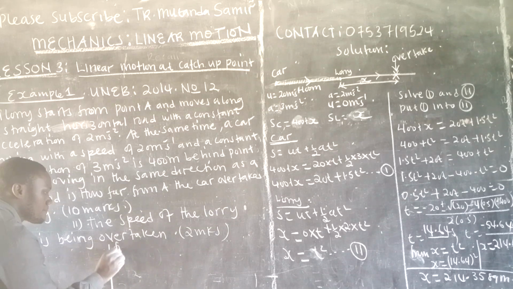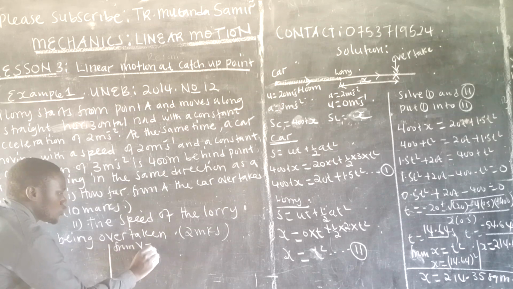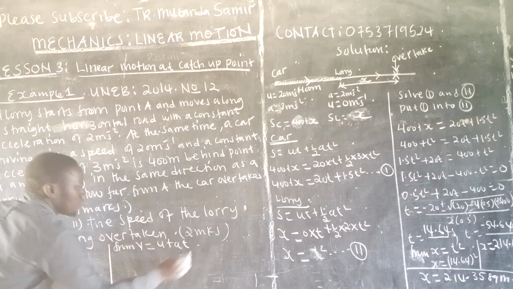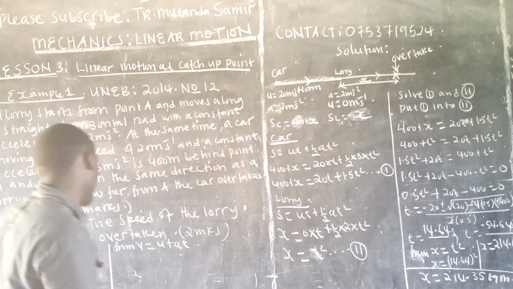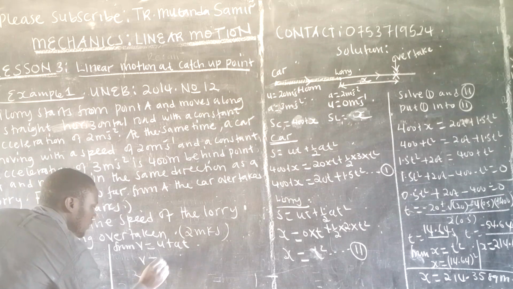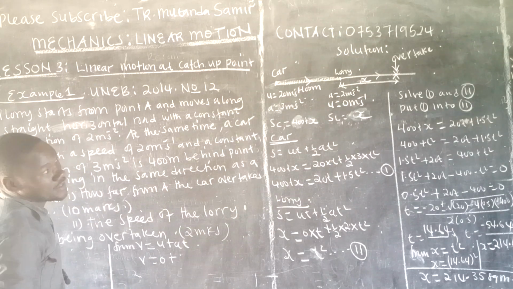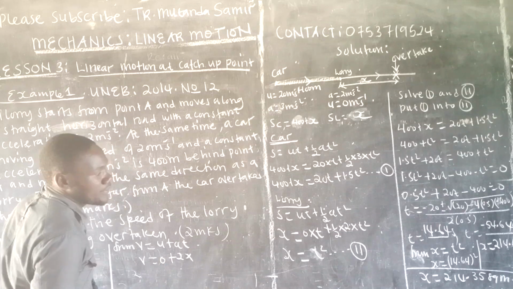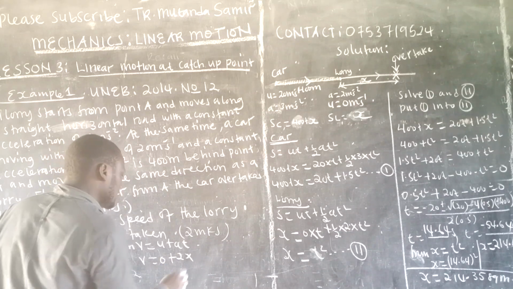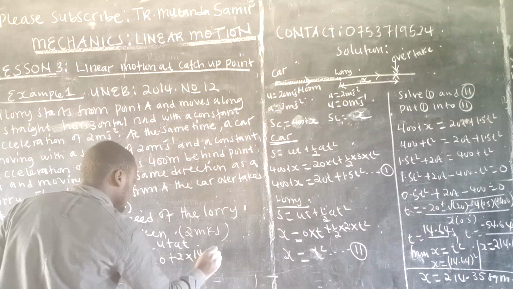I will answer it from V equals U plus at. Now, the lorry when it's being overtaken, the initial velocity is 0. So V is equal to 0 plus the acceleration, which is 2, times the time, which has been 14.64.